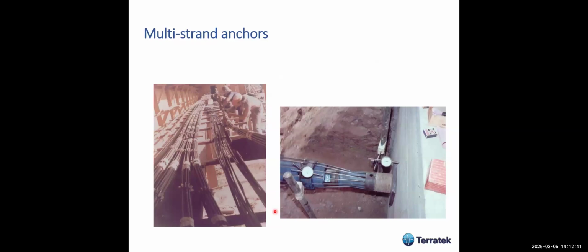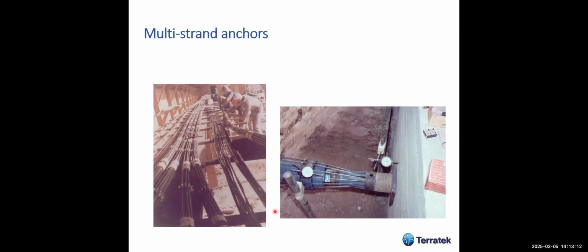I used multi-strand anchors in the past, and we were very cautious about that because such multi-strand anchors may have a very high rate of corrosion. Why? Because the strands are of very small diameter, usually 6 millimeters, and corrosion usually takes place to 2-3 millimeters. So in the case of a big bar, you can allow for corrosion reducing the effective diameter.